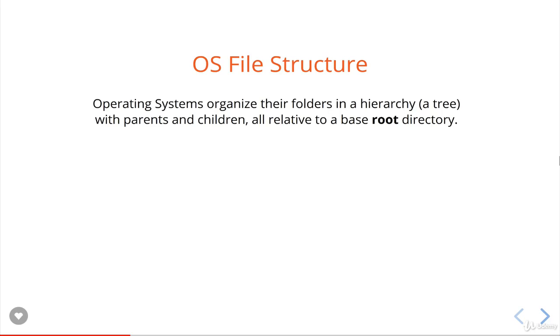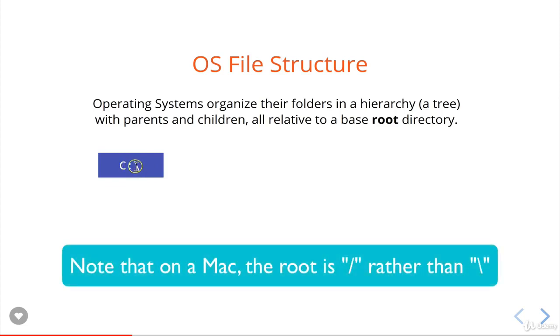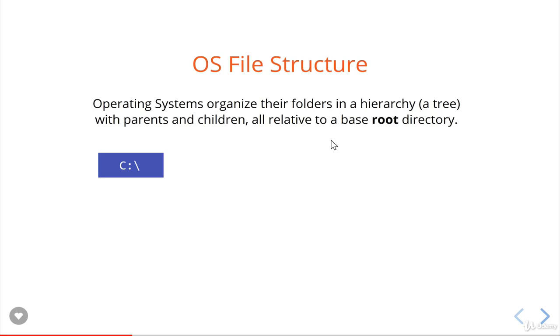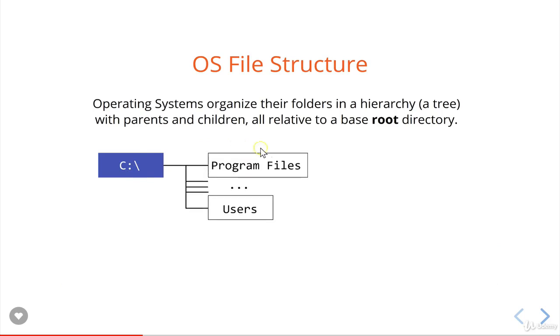But at some point, there is the top-level root directory. And on a PC, that is the \. It's the root directory. And so we could describe every other folder or file on our machine relative to that \, to the root directory. For example, if I had two directories inside, one called program files, another called users, and then inside of users, I had another directory called cult, I would access cult first by referencing the \, and then the next layer down, users, and then the next layer down, cult.